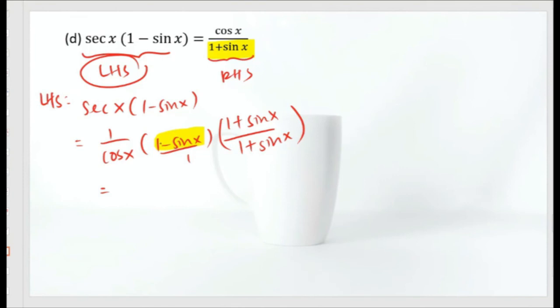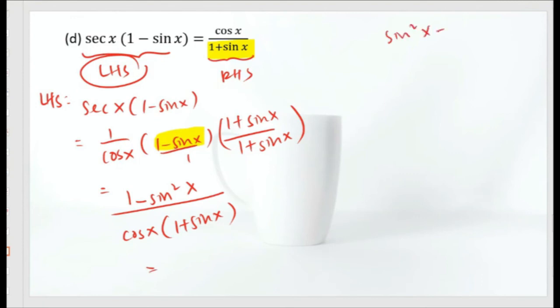So 1 minus sine x multiplied with 1 plus sine x becomes 1 minus sine squared x, over cos x, 1 plus sine x. Since sine squared x plus cos squared x equals 1, the identity, 1 minus sine squared x equals cos squared x.